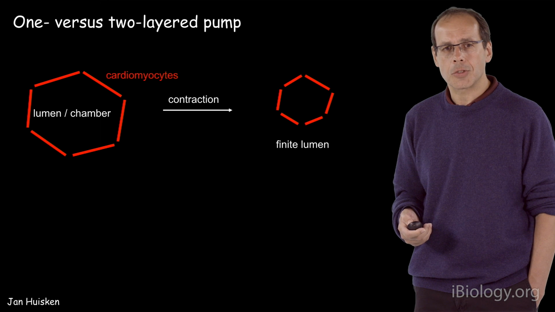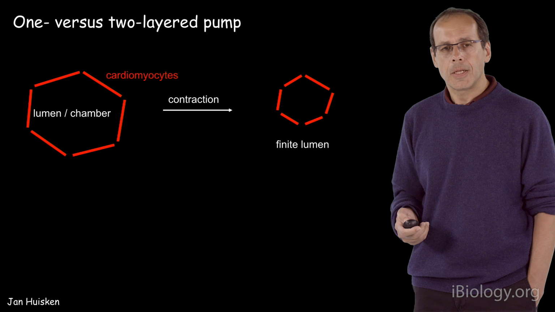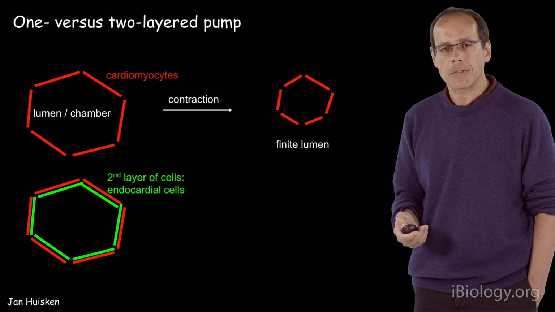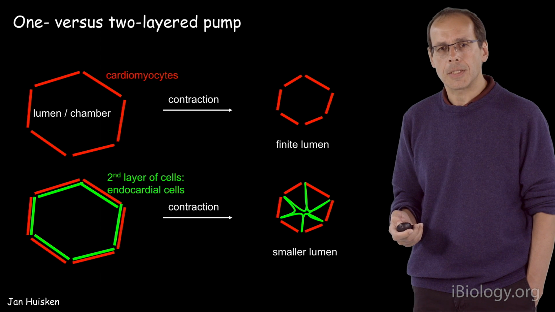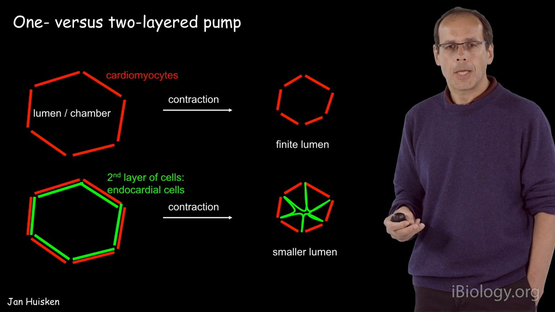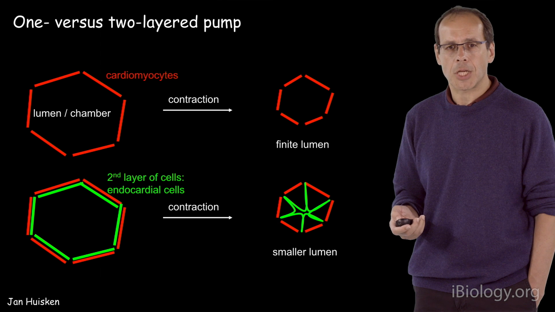As these muscle cells contract, they lead to the formation of a finite lumen. Now, if you bring in a second cell type, which are the endocardial cells, and assume that these cells can be distorted or deformed as the outer layer contracts, then this inner layer will essentially completely occlude the lumen, and presumably then allow the complete emptying of this chamber.